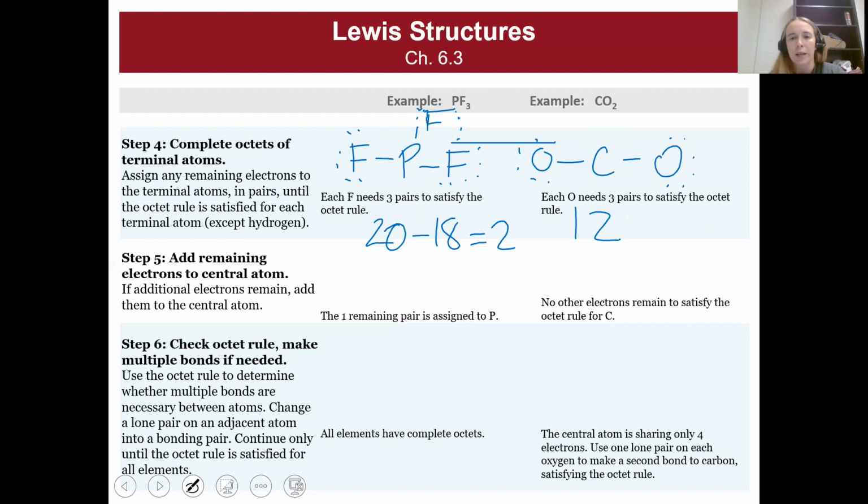So that means that we used up 3 times 2 is 6 pairs. So that's 12. All right, so we used up all of our electrons for carbon dioxide. So let's move on to step 5. So step 5, draw my molecule down here again.